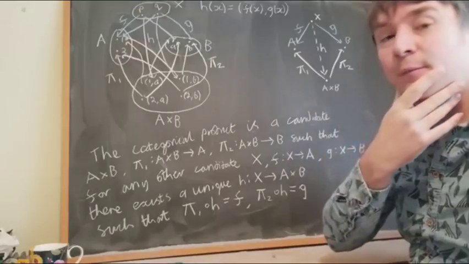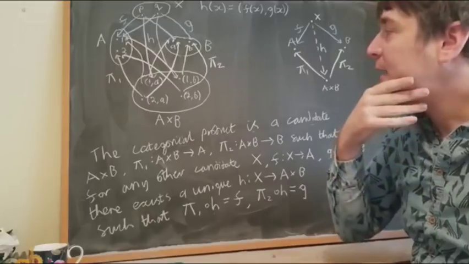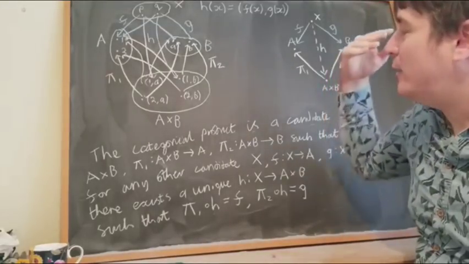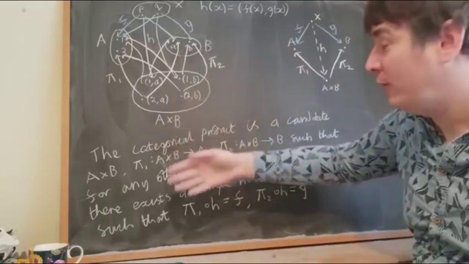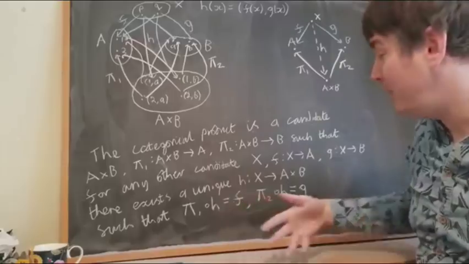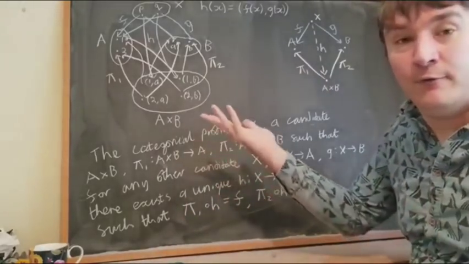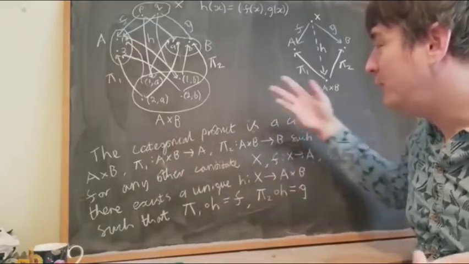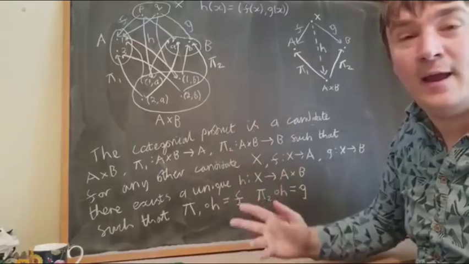But you may still be wondering, well, okay, so I can see that the Cartesian product of two sets satisfies this definition, but how do I know that this definition is correct? I mean, maybe there are some other things which satisfy this condition which look nothing like the product of two sets, okay?